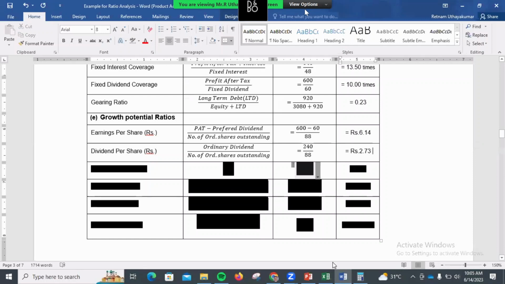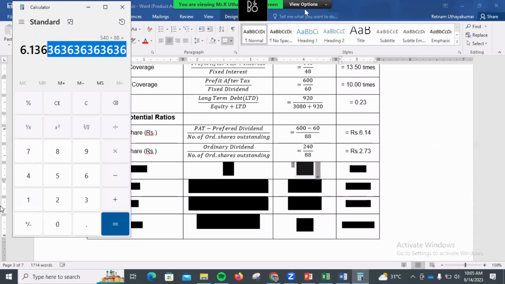So it's 140 divided by 88. So you can get these figures. You can neglect up to this one.